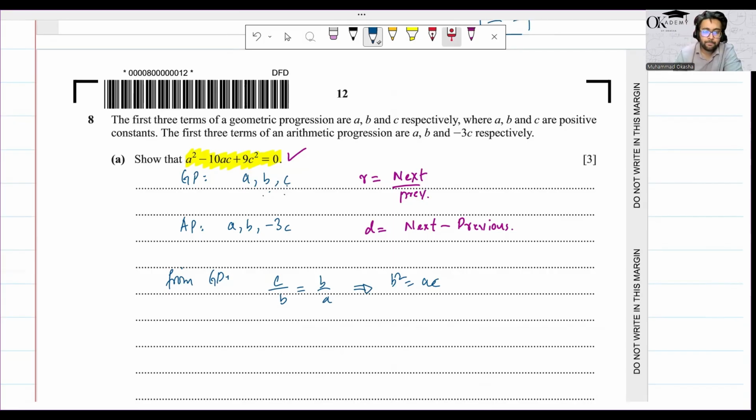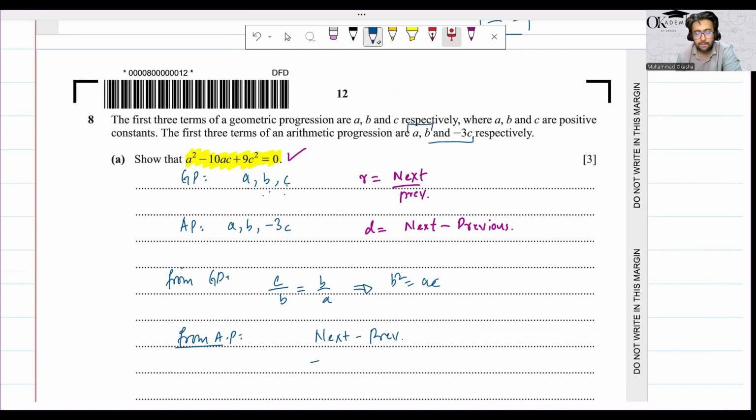Now, we have an arithmetic progression here. From arithmetic progression, what we know is next minus previous is the formula for the general term, which means this next minus previous should be the same thing as this next minus previous.